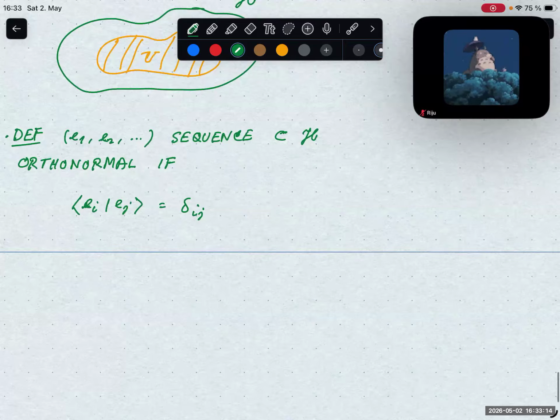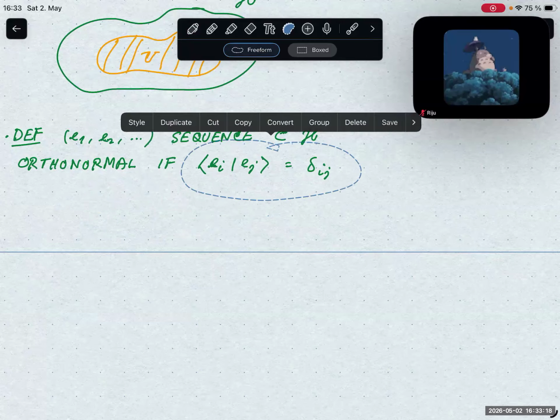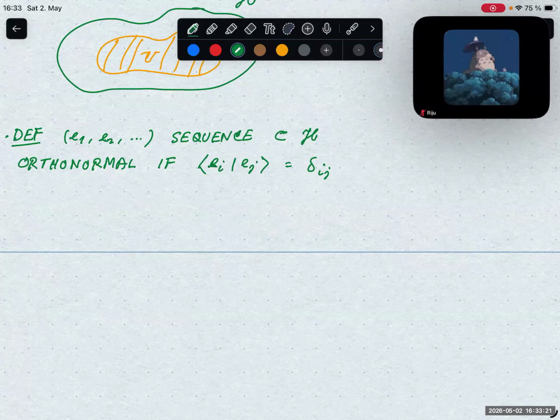Okay, now why did we talk about this? The reason is a theorem.